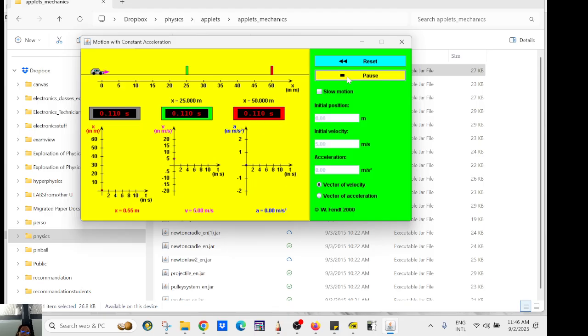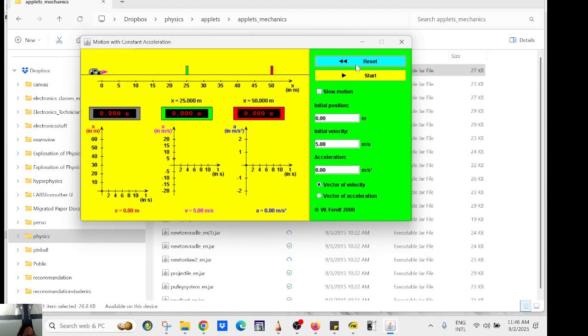So let's see. See, it's moving at a constant velocity. And when you find the slope, rise is 10, run is 2, 10 divided by 2 is 5. So the slope of position versus time is just the velocity at a given time, but the velocity does not change.